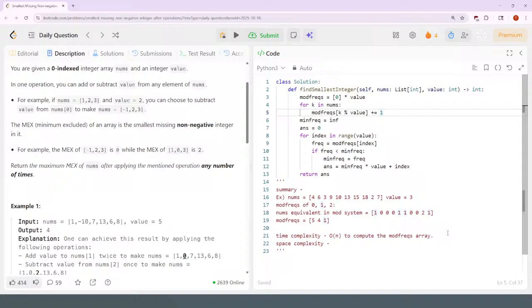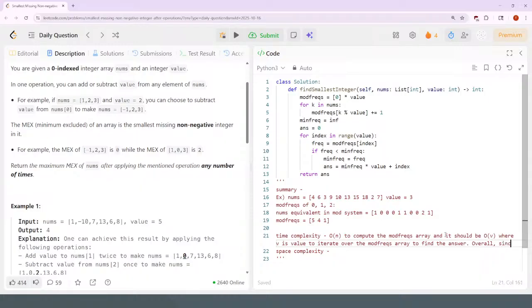And also it should be O of V, where V is the value, to iterate over the mod frequencies array to find the answer.